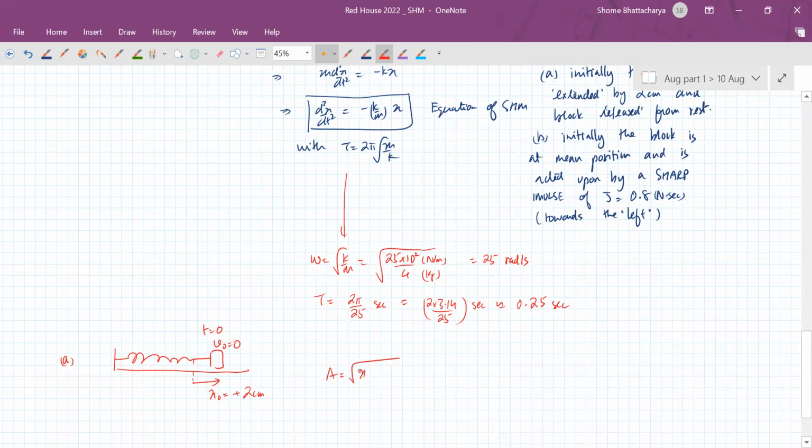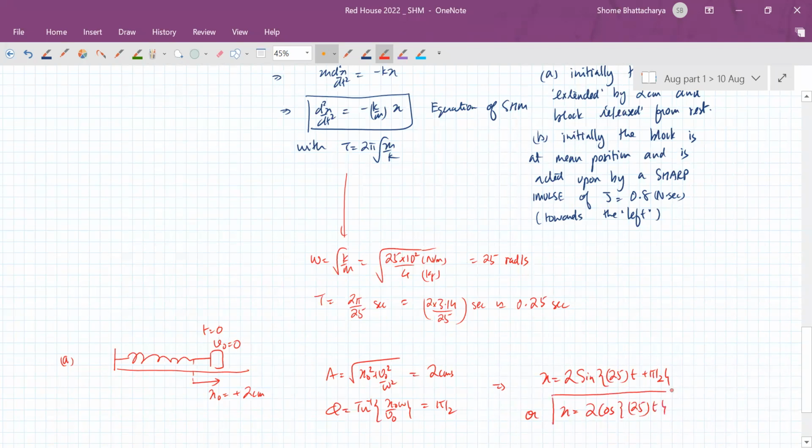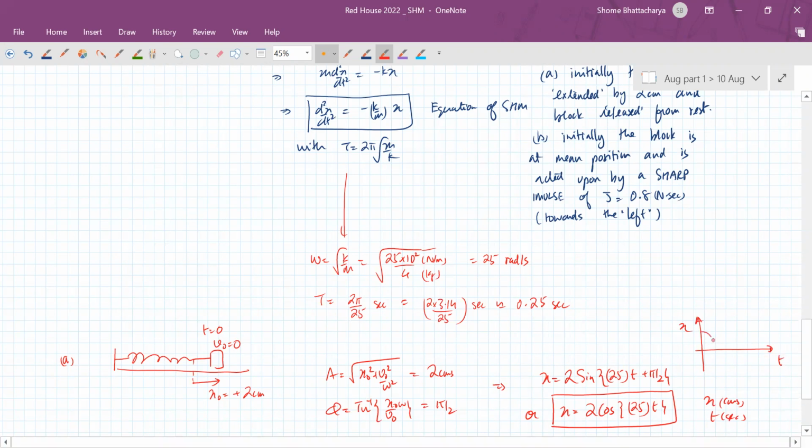So the amplitude will become 2 centimeters and the phase constant becomes pi by 2. So this is the first part. That is what x will look like as a function of time.